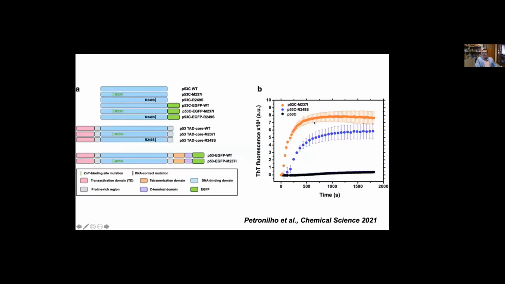And we used different mutations. These are the same mutants from glioblastoma, the brain tumor. This one is a mutation from hepatocarcinoma. And they both aggregate much faster.